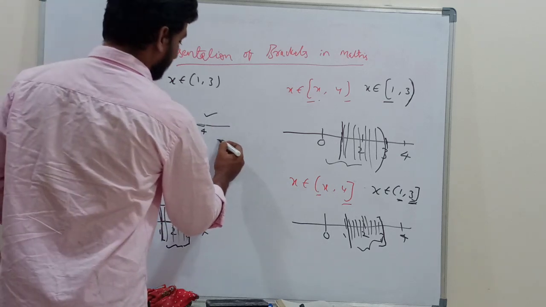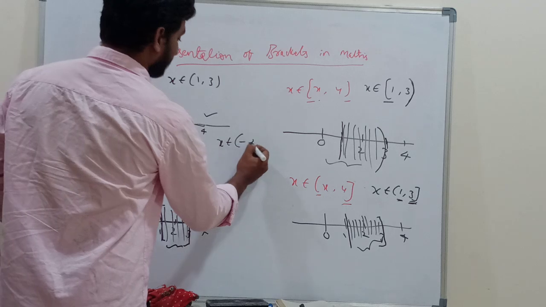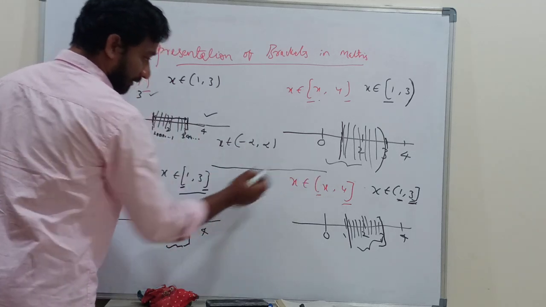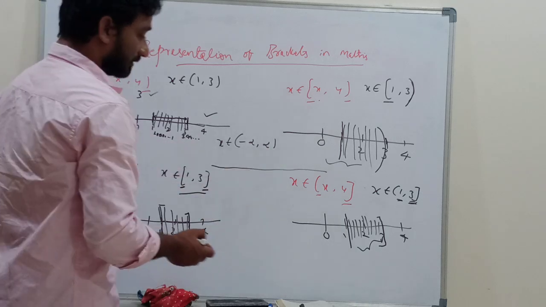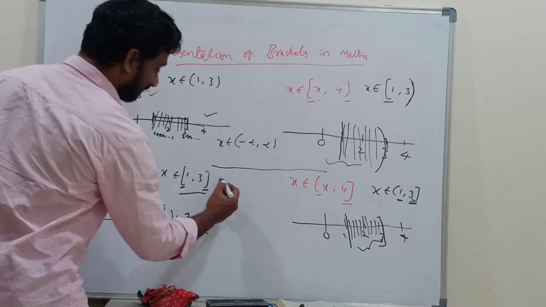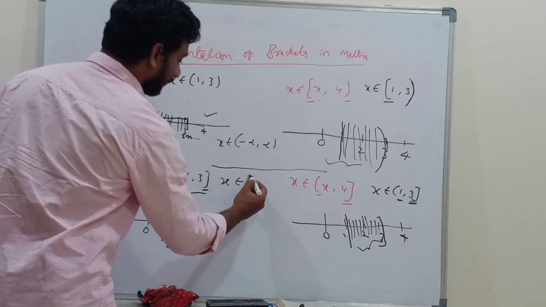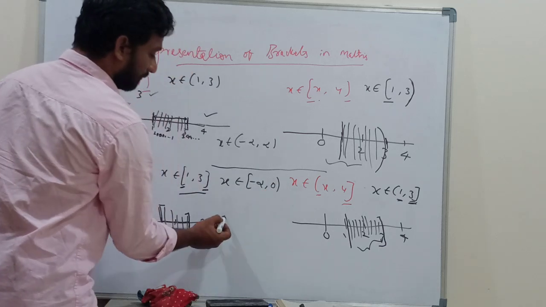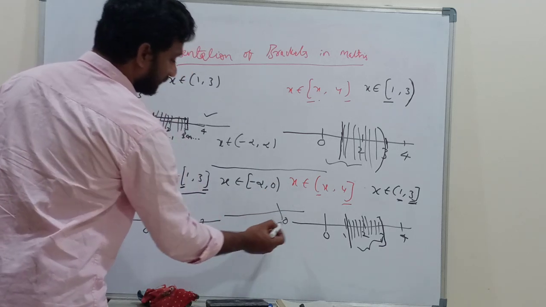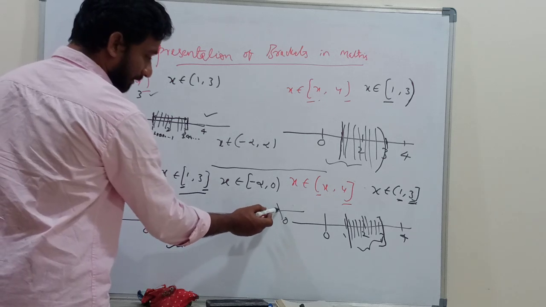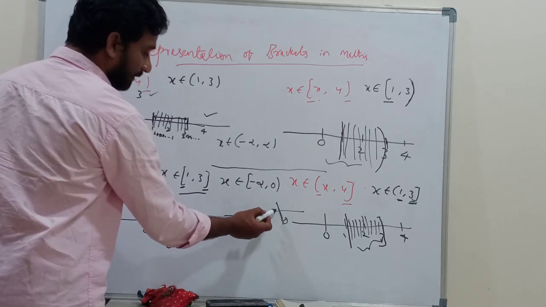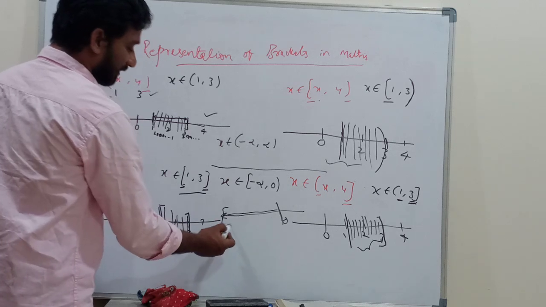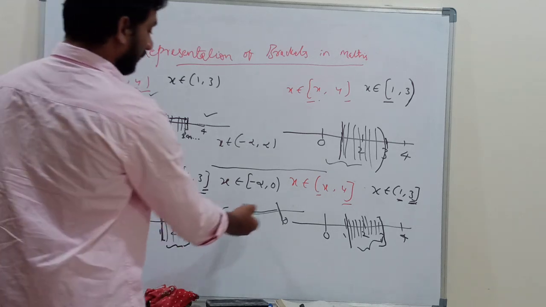If anyone says x belongs to minus infinity to infinity, that means the whole straight line. Again, if anyone says x belongs to closed bracket minus infinity to 0 open bracket, and you take this as 0 on a number line, you will exclude this 0 and include everything from minus infinity to 0.